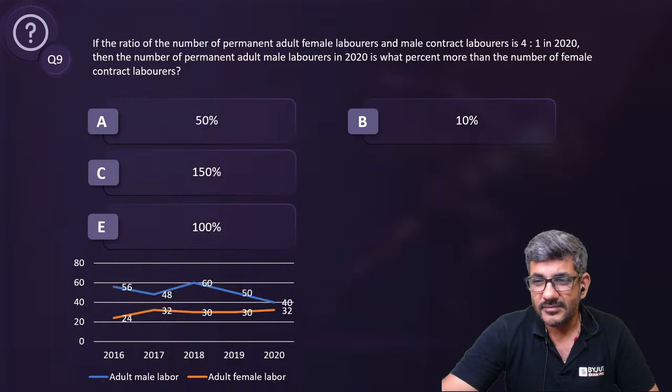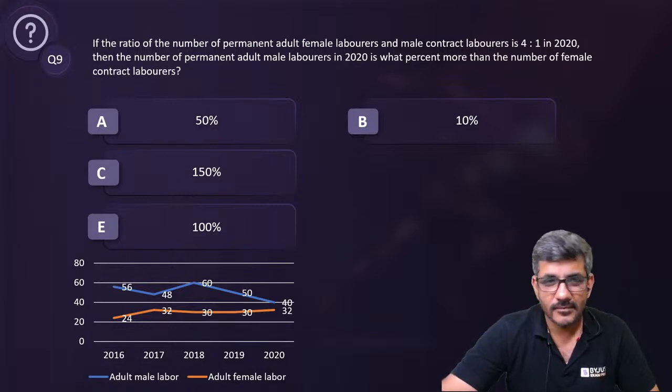What is your answer? Please let me know. Any answer from anyone?